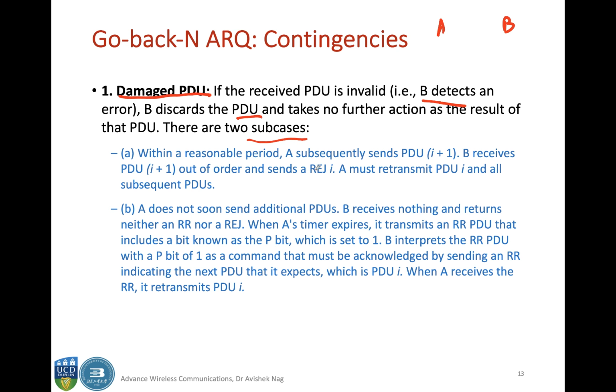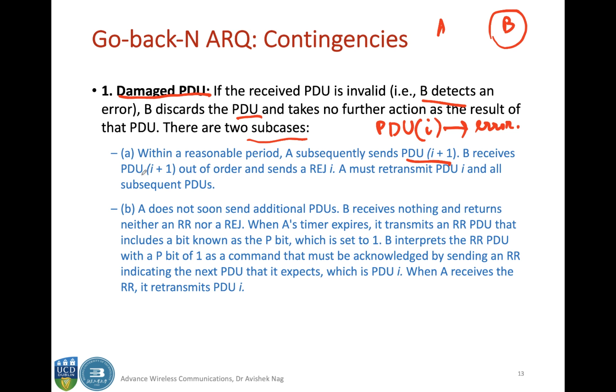Let's say within a reasonable period, A subsequently sends PDU I plus 1. Let's say my PDU I is in error, and B rejects and discards this PDU. Within a reasonable period, A subsequently sends PDU I plus 1, which is the next PDU.